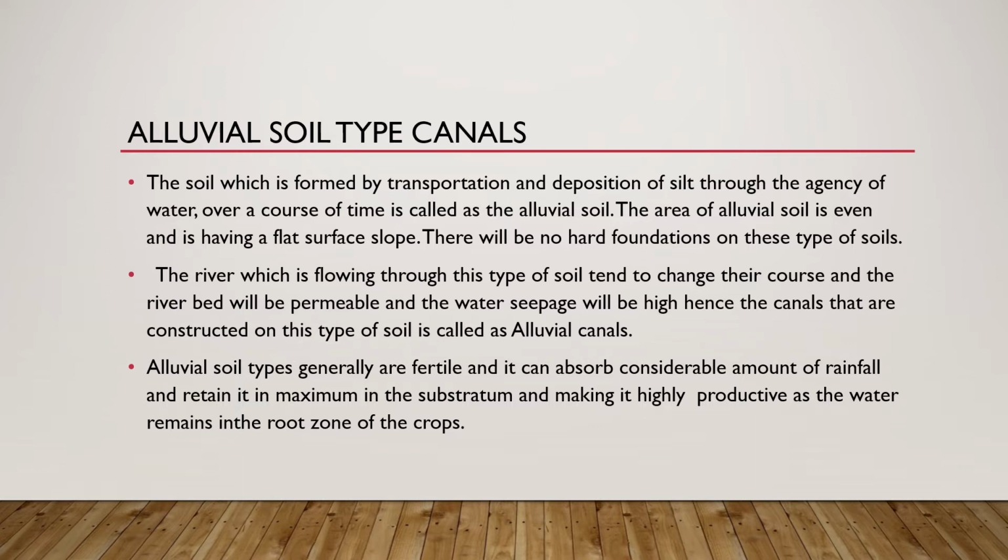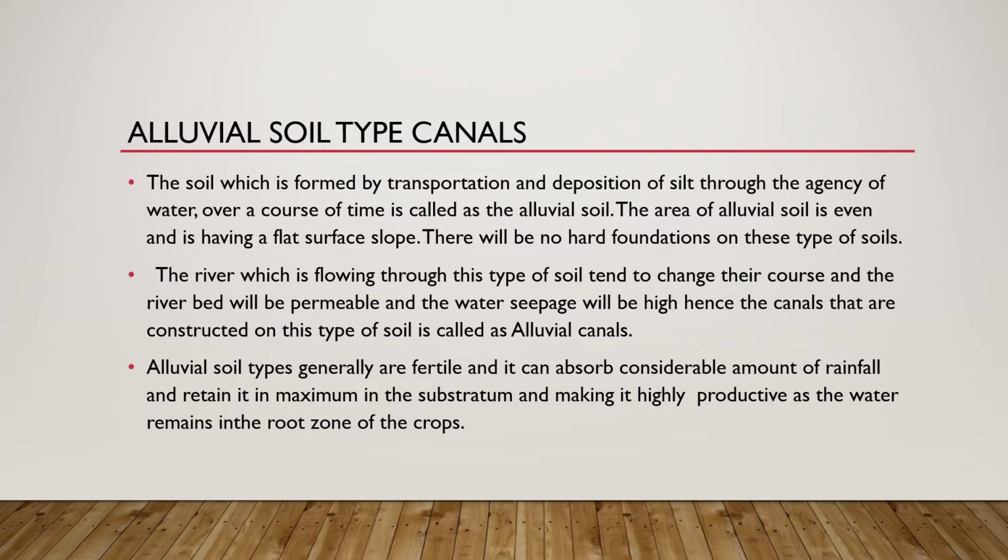The water will easily pass through the fissures present at the bed of the river where the water is flowing. This causes high water seepage, and hence the canals constructed on this type of soil are called alluvial canals. Could you get the point? Actually, the canals constructed on these types of rivers are known as alluvial canals.